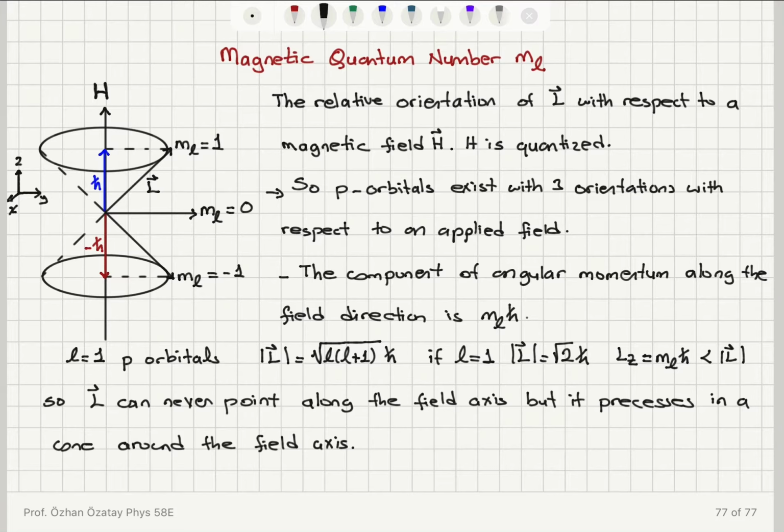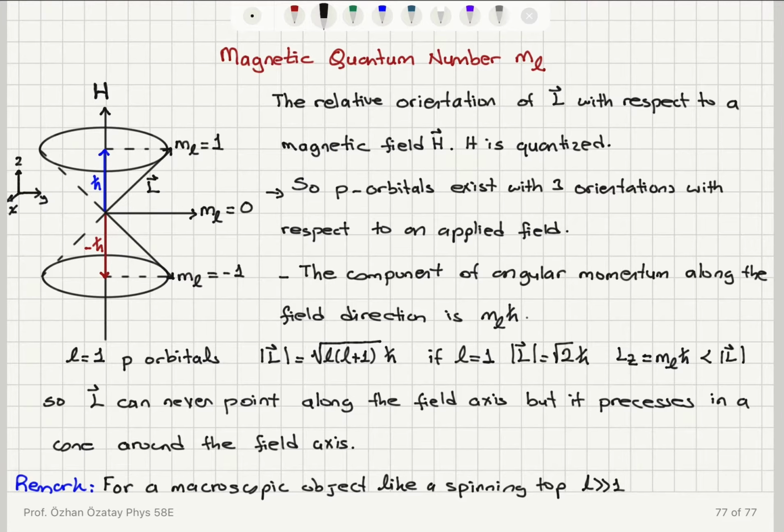So here I would like to put a remark. If you have a macroscopic object, like a spinning top, this L value is very, very large.